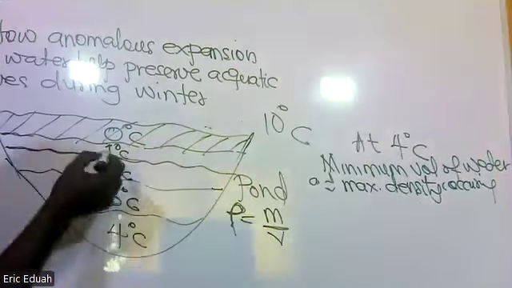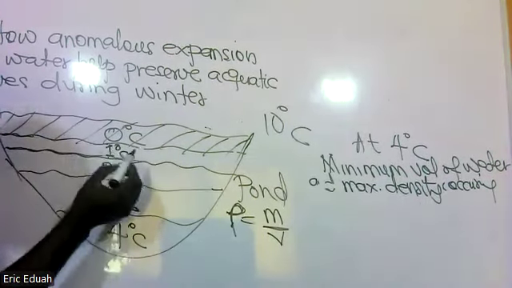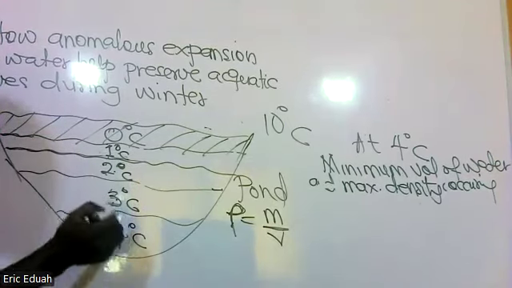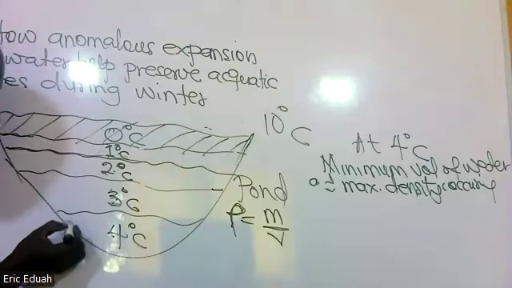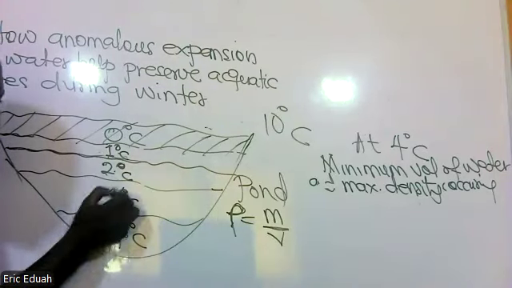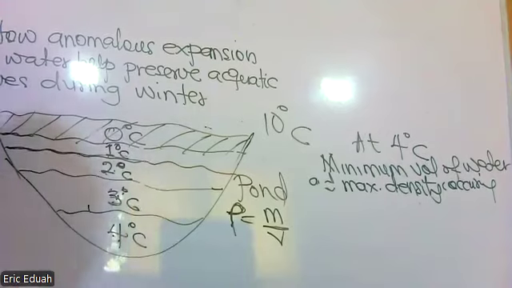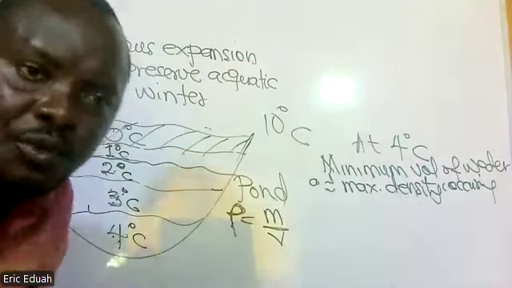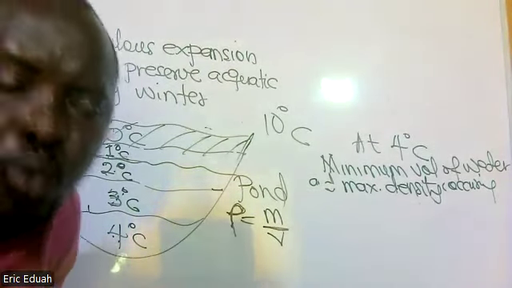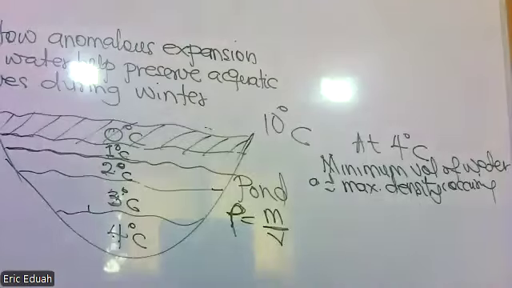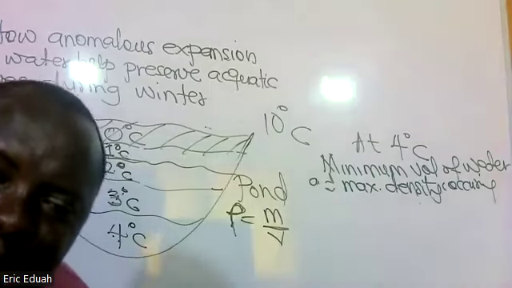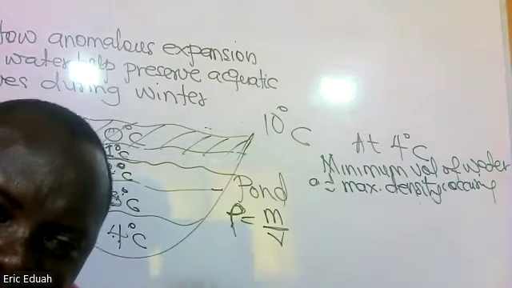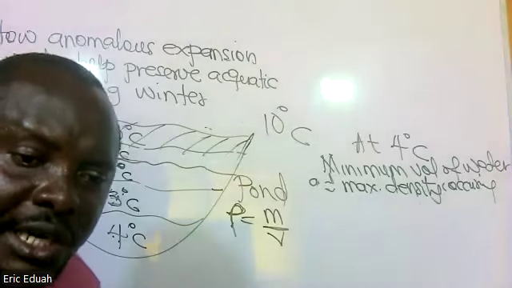By then, because we have segments of water at different temperatures below, fishes and aquatic lives can come and hide down here so that they will not be killed by the frozen topmost part of the water. This is how anomalous expansion of water preserves aquatic lives during winter.